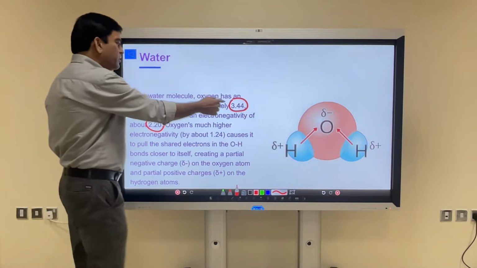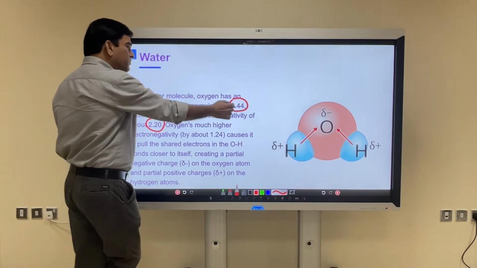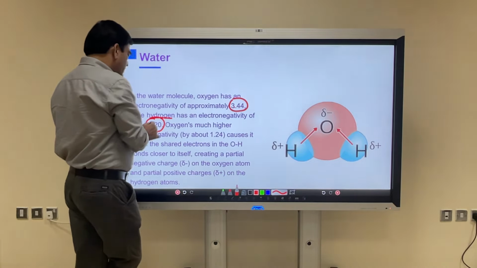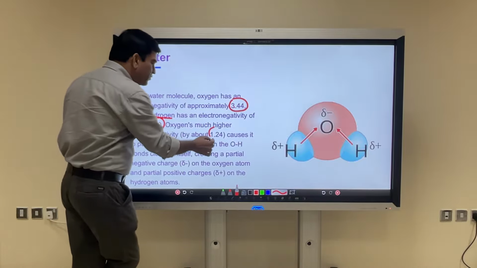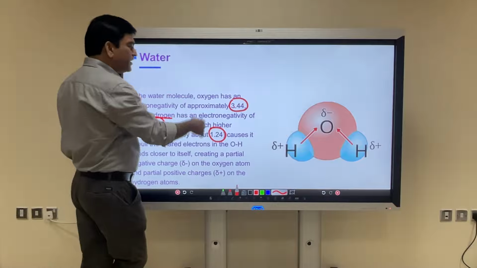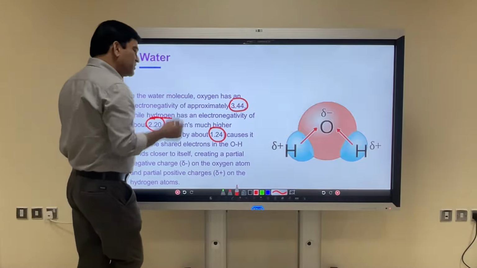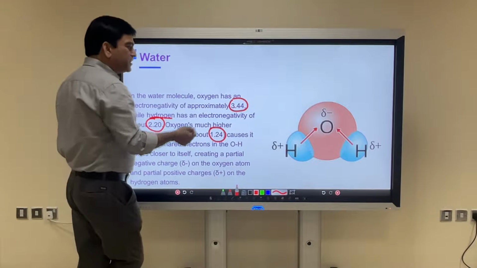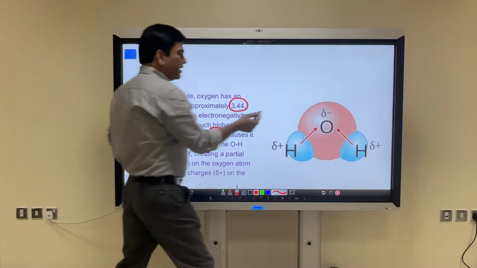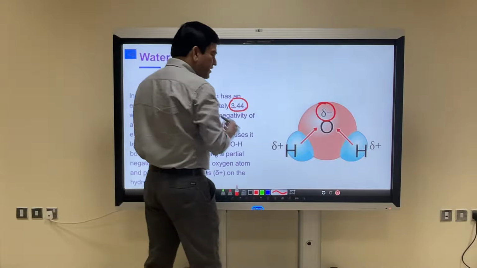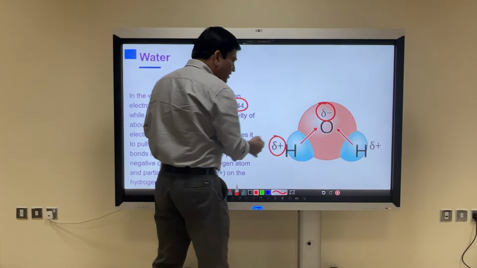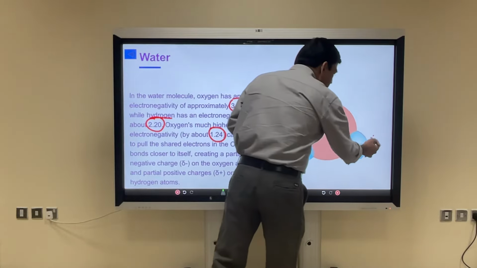If you subtract 2.20 from 3.44, you get 1.24. This is the difference of electronegativity. It is less than 1.7, so they will share the electrons, but oxygen will have a delta negative or partial negative charge, and hydrogen will have a delta positive or partial positive charge.